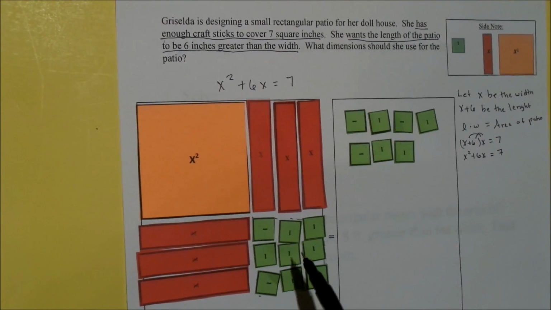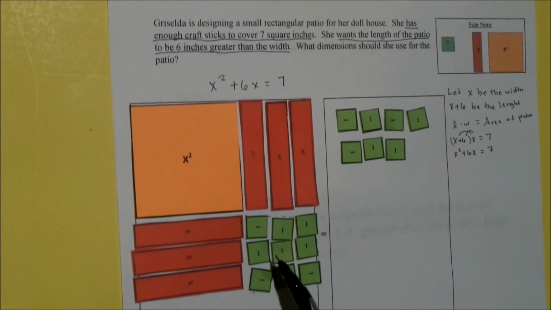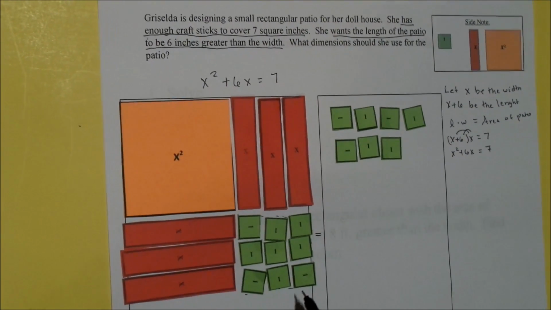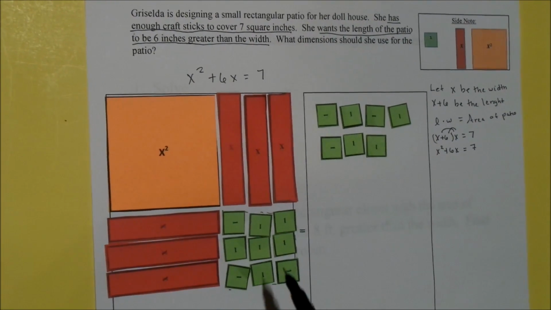The missing part was 9 one tiles, and now we have a perfect square.